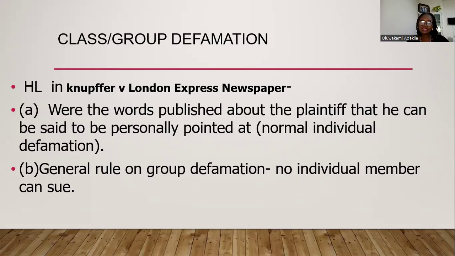Okay? But in the case of Knupffer against London Express Newspaper, the House of Lords laid some guidelines down as to how you treat class or group defamation, and that you should ask yourself some questions. Number one, of course, the general rule is applicable: if what was published was about a particular plaintiff, you could sue like a normal individual. But for group defamation, no individual member can sue.